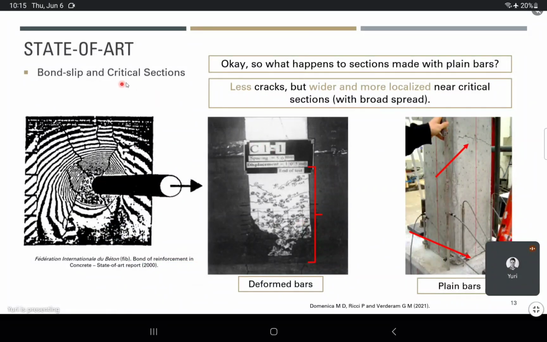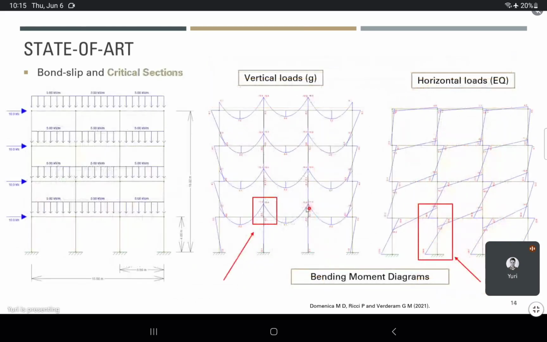So when we have critical sections made with deformed bars, that very short length pattern with several cracks is easy to identify. Whereas when you have specimens made of plain bars, this crack pattern becomes a much wider crack. So cracks are thicker, and they are very much spaced around the zone that has high stress. Okay, so this is a characteristic of this.